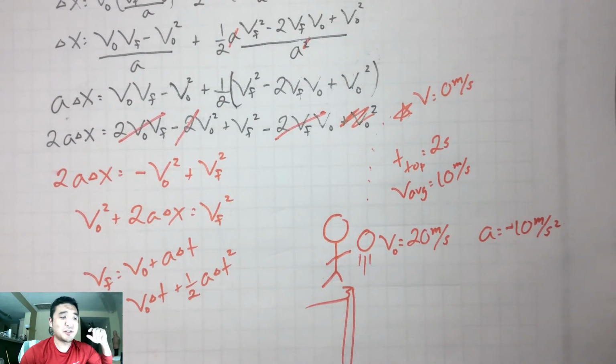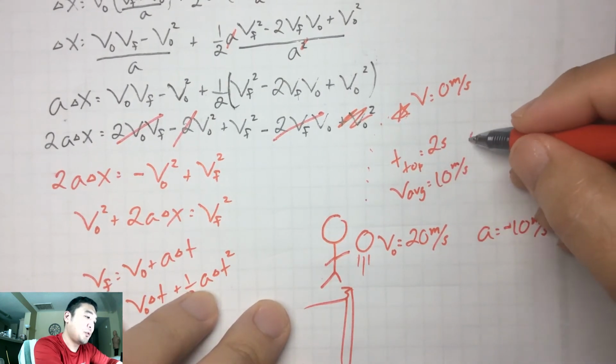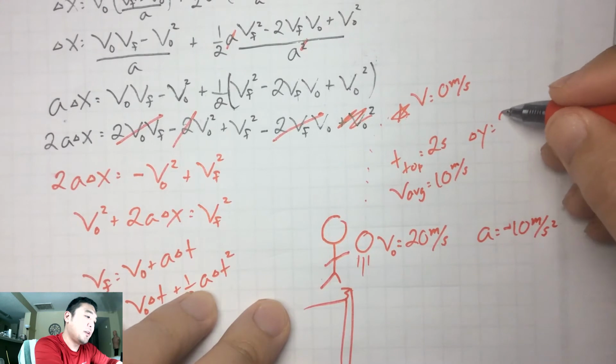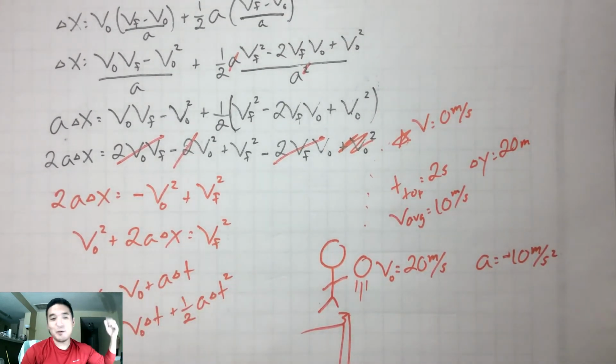We're going to apply the math in just a second to show that we have the exact same answers. If we know we are at an average velocity of 10 meters per second, moving for 2 seconds, how high do we go? Well, average velocity is 10, time is 2, we went a total of 20 meters. That's how high we go.